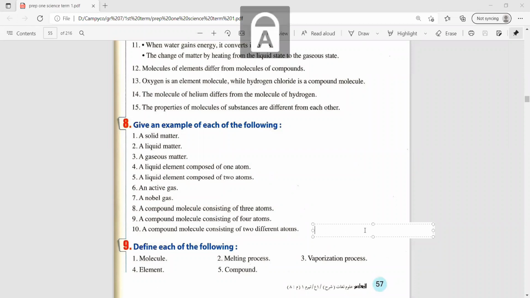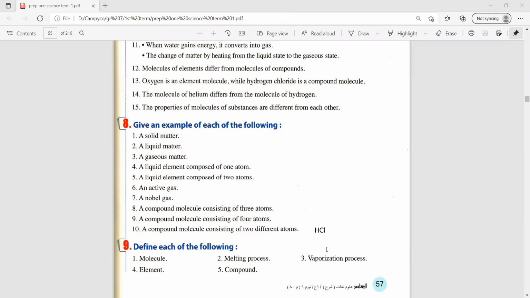H2O or HCl. It's HCl, hydrogen chloride. They are 2 different atoms, hydrogen and chlorine.